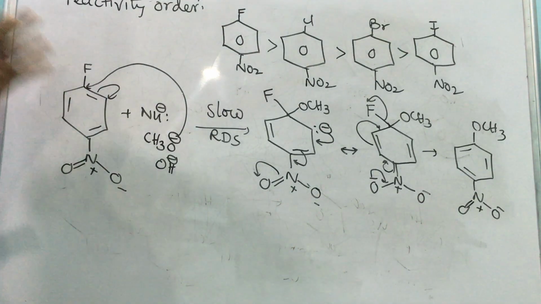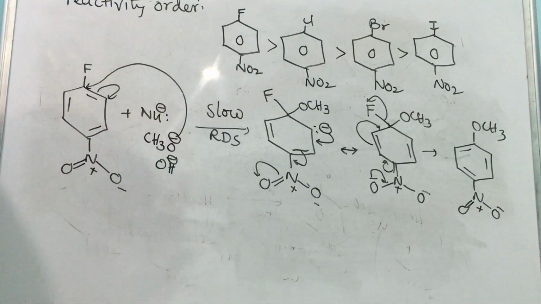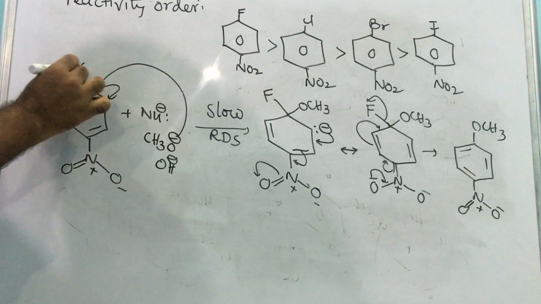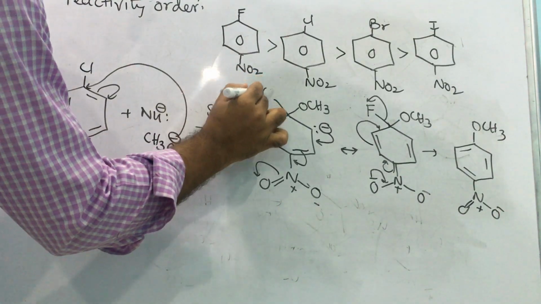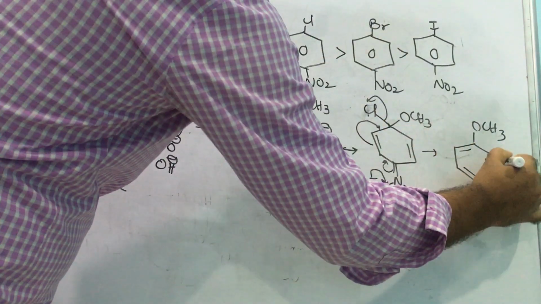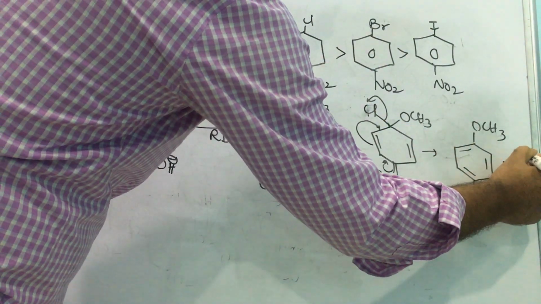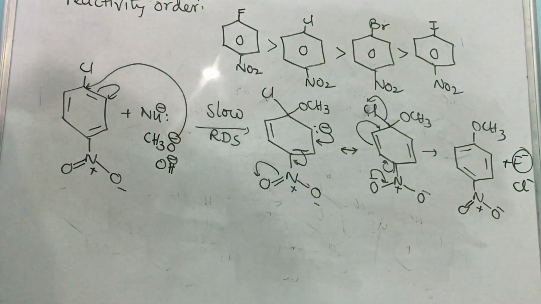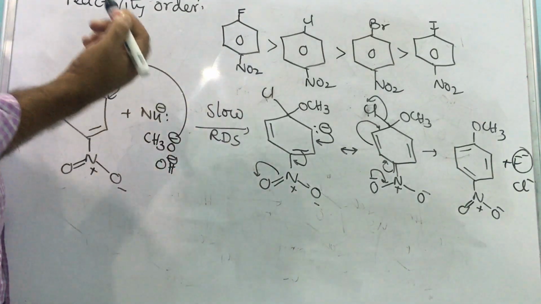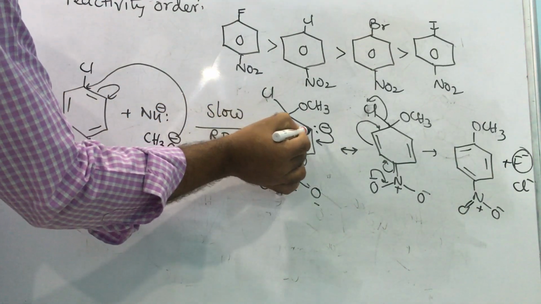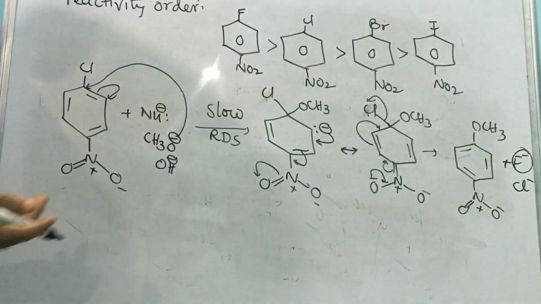If you take the same with chlorine, now I am writing with chlorine. Here chlorine, and Cl minus is the leaving group. Now the question is, F is more electronegative than Cl, that's why this carbanion is less stabilized with chlorine.